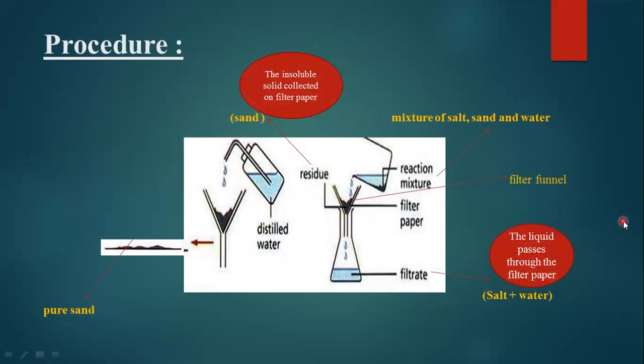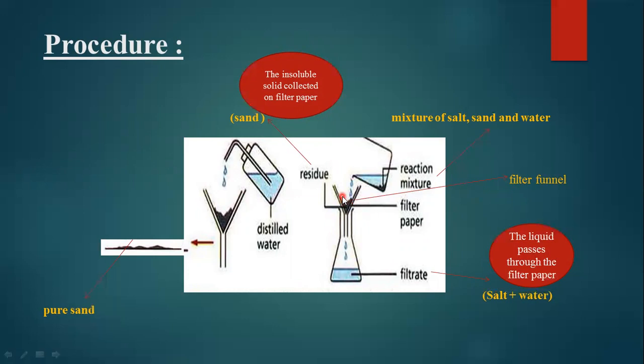For example, if we have a mixture of salt, sand and water, and we want to separate sand from the salt solution, for such separation we choose this technique named filtration. To carry out filtration, we must have a filter funnel, which you can see over here, it is also labeled.